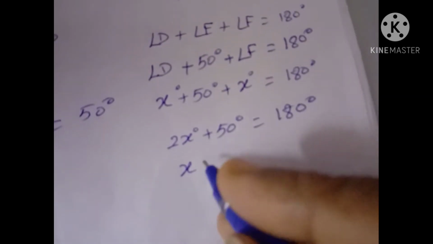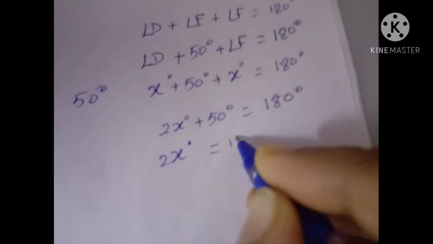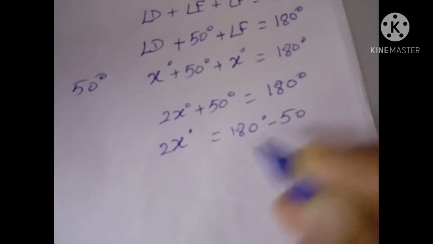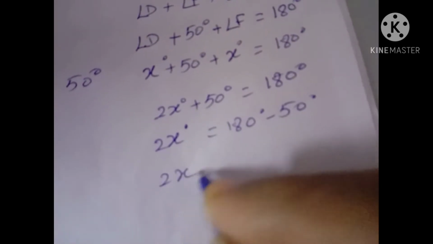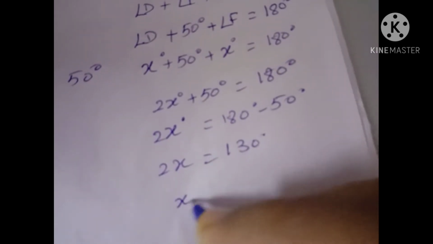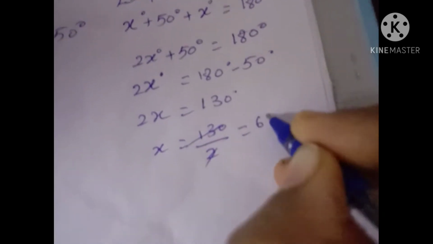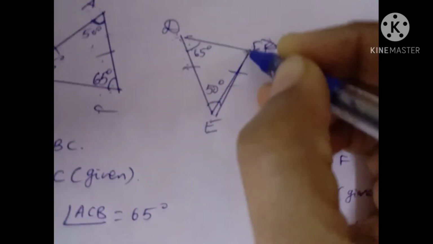Therefore 2x is equal to 180 minus 50, which is equal to 130, and x is equal to 130 divided by 2, which is equal to 65 degrees. Therefore angle D is equal to 65 and angle F is also 65.